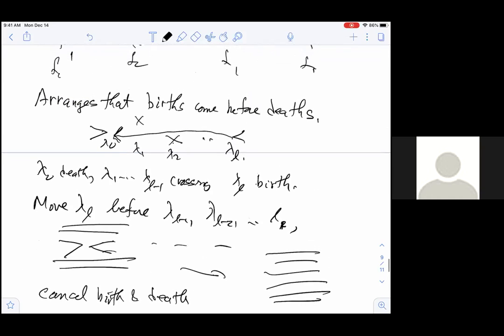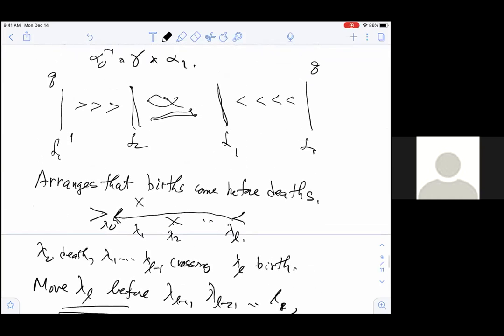And the reason is I start with something with Q critical points. I end with something with Q of index I and Q of index I plus 1. I end with something of the same size. And in the inside, I never get more critical points, no more critical points than I had.